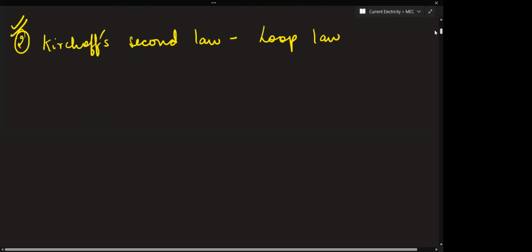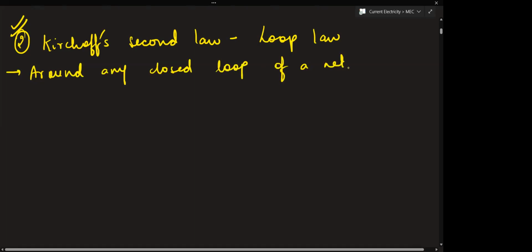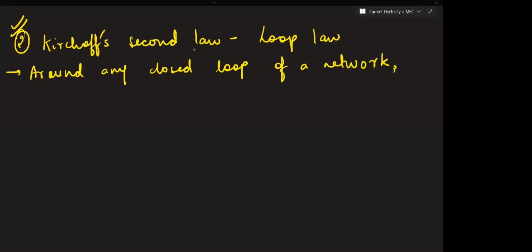So basically this says that if a closed loop or network is there, I'll write it down also. Around any closed loop of a network, the algebraic sum of all the potential changes is 0.